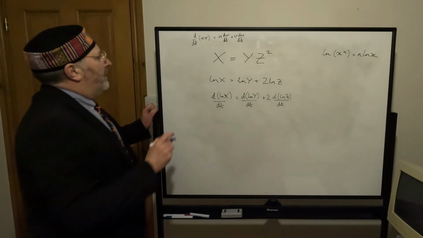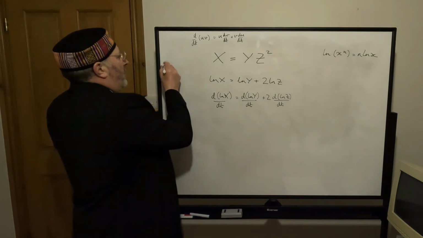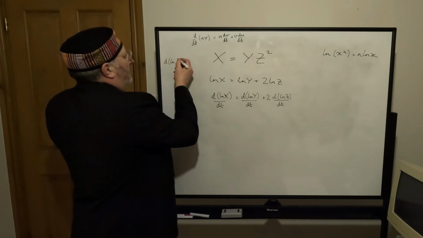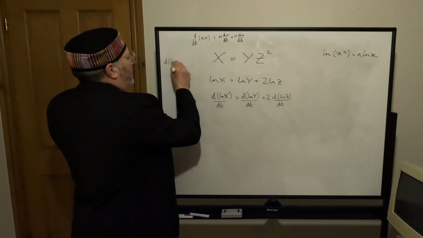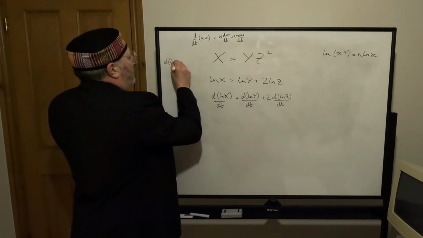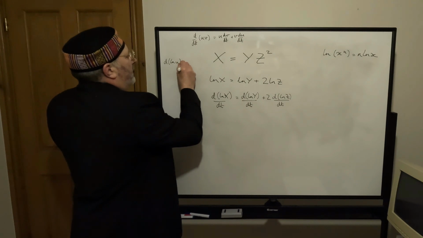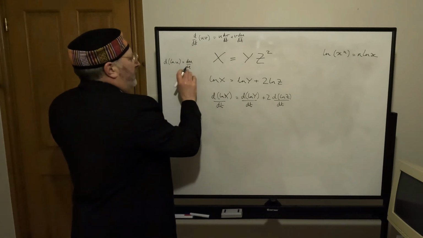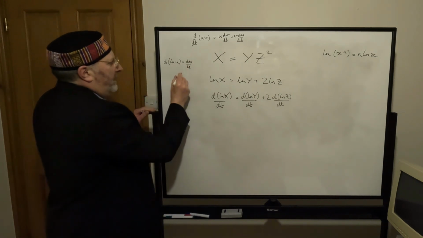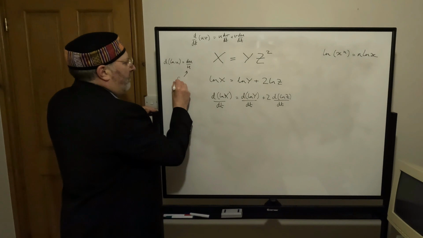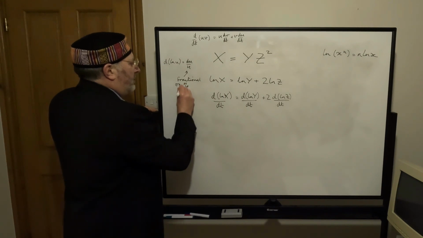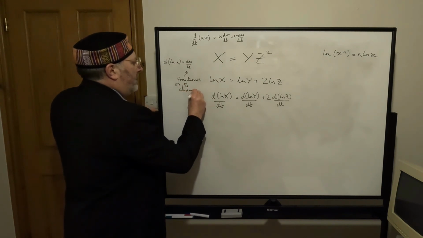And we may now remember the thing that we just showed, that d of log, let's say u here, is equal to du over u, is the fractional or percentage change in u.